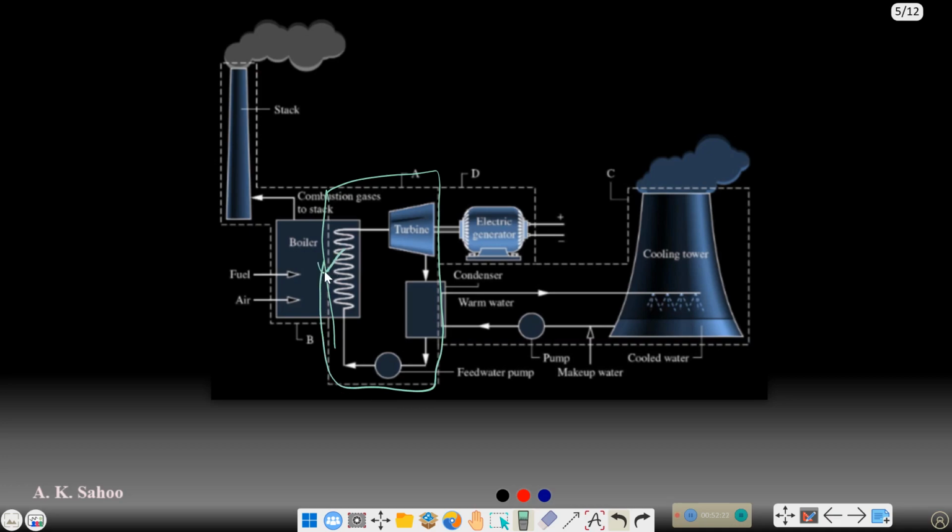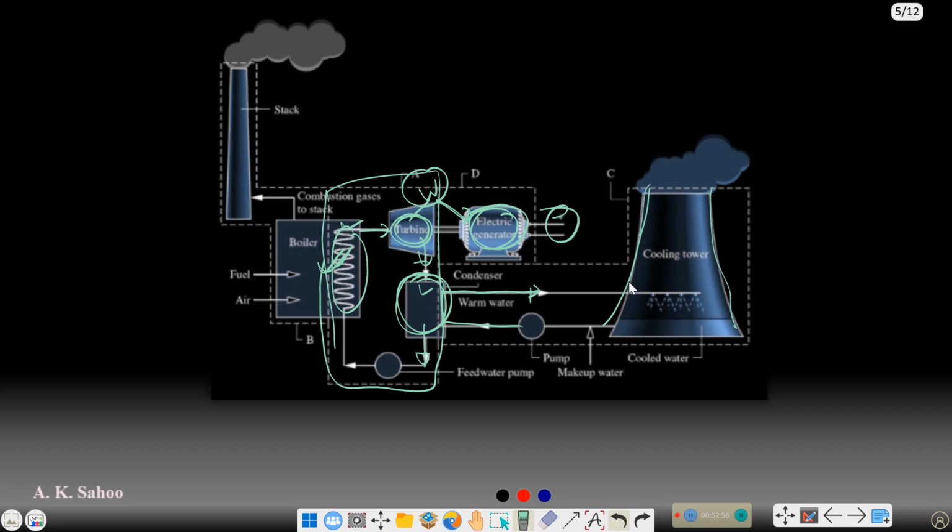The boiler produces steam, which is sent to the turbine, and the turbine produces work. This work is given to the electrical generator, and from the generator we get the current. The steam is sent to the condenser, where we cool or condense the steam into liquid water. This is done by giving cold water, which gets heated.